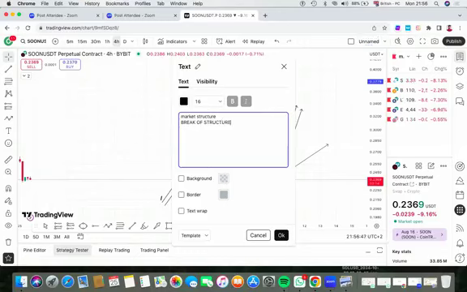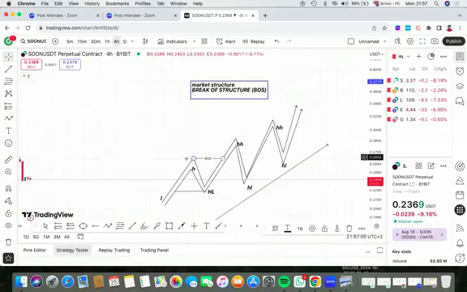Once you see something called BOS, you know what it stands for, and you know why it's called that. Whenever a market breaks the recent high and starts to move upward, we refer to it as a BOS, break of structure.